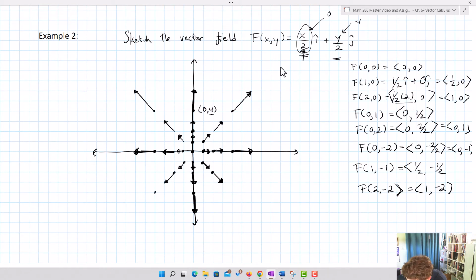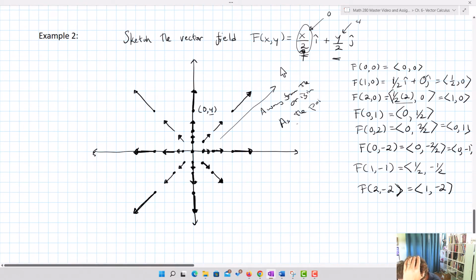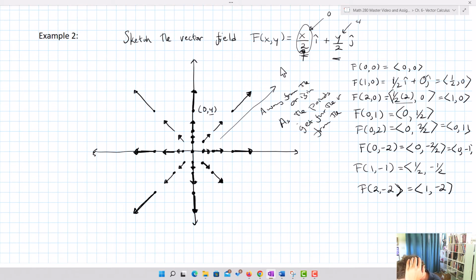All right, and I would tell you this, that at least when you're practicing, sometimes it makes a difference to really go in and in fact draw out these vectors. Now what you're going to see is that basically the direction of your vector field is moving away from the origin, and as the points get further from the origin, the magnitudes increase.